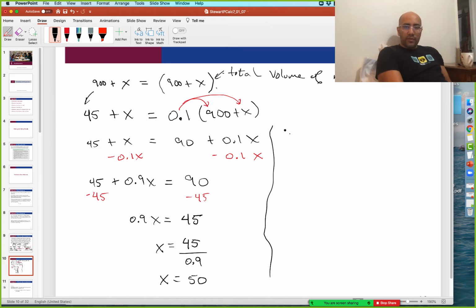So we started out with 900 gallons of the original mixture, and according to this formula, it's saying that if we add 50 gallons of pure OJ, so this is the original mix plus 50 gallons of pure OJ, we'll end up, of course, with 950 gallons of the new mixture.